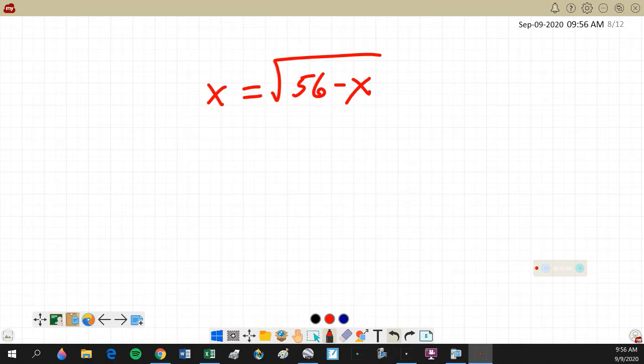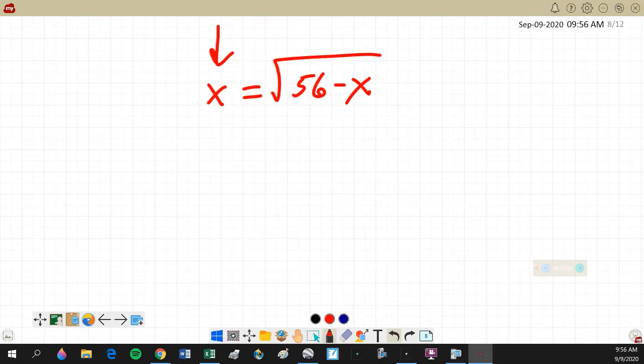The answer is maybe. It depends on what x is. What if x is 7? Does it work? Yes. What if x is -2? No. So, whatever happens, this number must be 0 or greater, or it's not a solution.